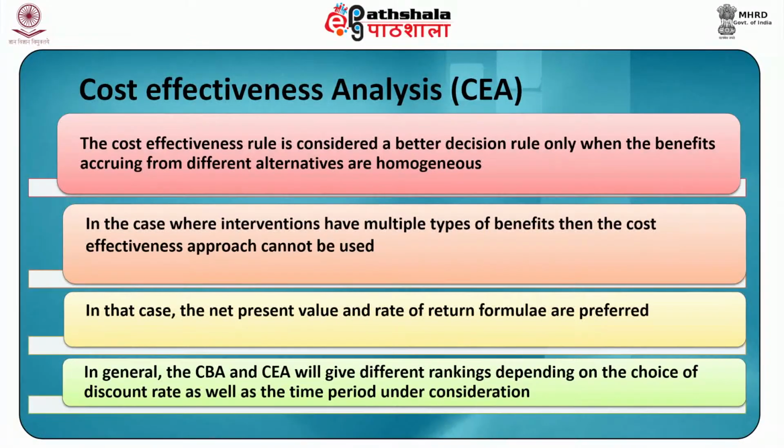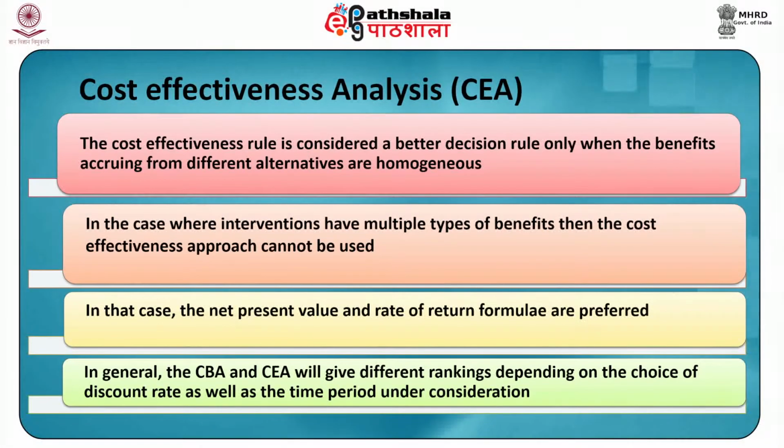The cost effectiveness rule is considered a better decision rule only when the benefits accruing from different alternatives are homogeneous. It would be appropriate then to use this rule when comparing two or more projects. In the case where interventions have multiple types of benefits, the cost effectiveness approach cannot be used.